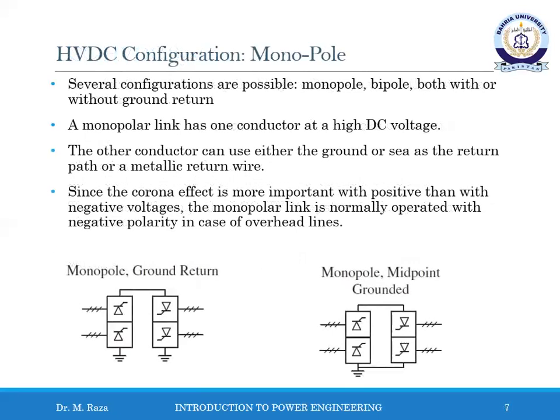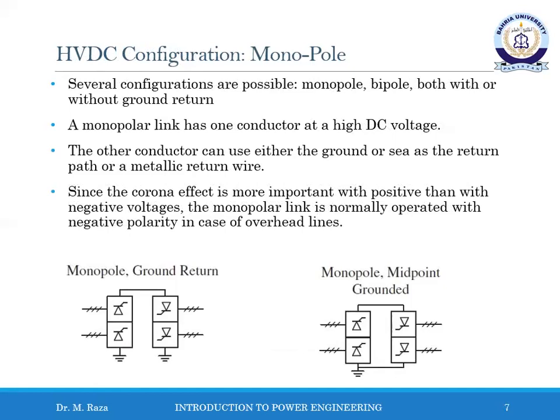Several configurations are possible, such as monopole and bipole, both with or without ground return. A monopolar link has one conductor at a high DC voltage. The other conductor can use either the ground or sea as the return path, or a metallic return wire.